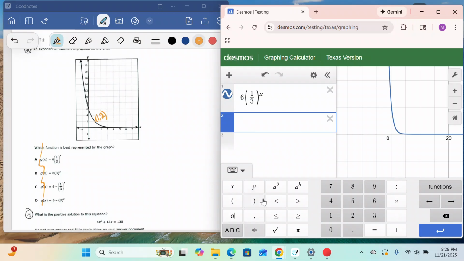My next one is 6 open parentheses 3 close parentheses raised to the x, and that's my second one.